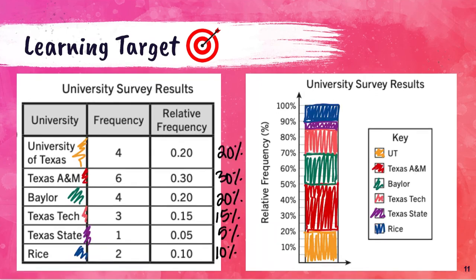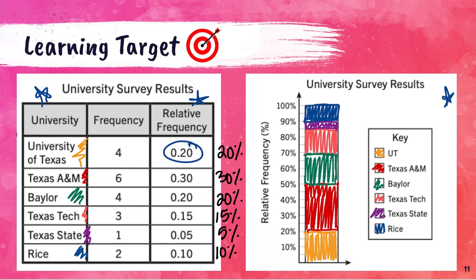All right, welcome back, boys and girls. Notice I've included my key not only in the table itself over here, but also in the frequency table. Because I want us to think about our fraction, decimal, and percent relationships that we learned in the very beginning of the year. If you have a very solid understanding of going from decimals into percents, you would not have even needed to total up your frequency and then convert using your proportional relationships, because they gave you the relative frequency already.